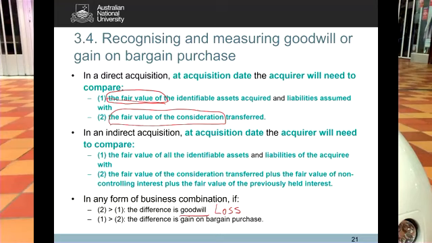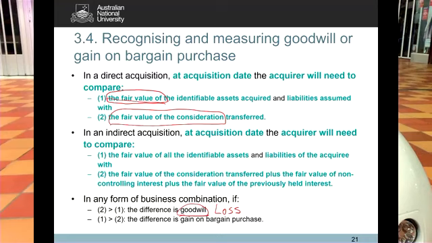Under combination theory, we believe that the combination of those assets and liability provides some goodwill. That's why you would like to pay more. Okay? So that's why we recognize it as goodwill instead of loss. Is that clear? So if the fair value of consideration transferred is more than the fair value of identifiable assets and liability assumed, then you will recognize the goodwill.